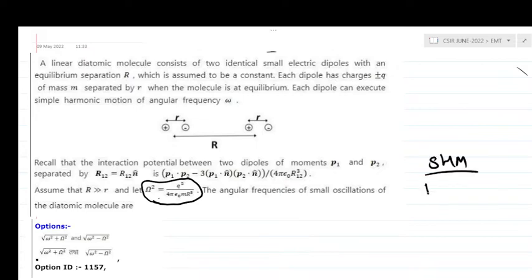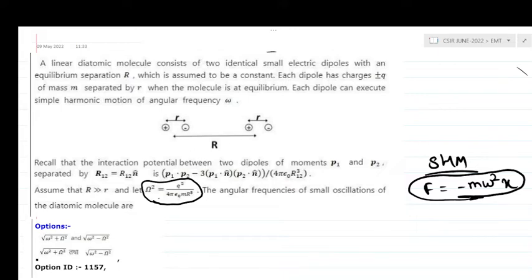so you have to equate the force with minus m omega square x, so that we can find our desired angular frequency. See here two dipoles, plus minus, the separation distance is r, and the distance capital R is in between the two dipoles.